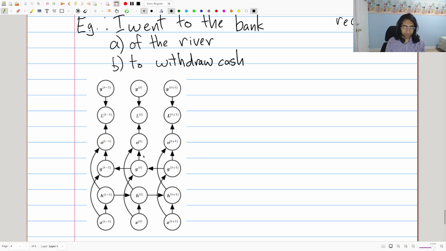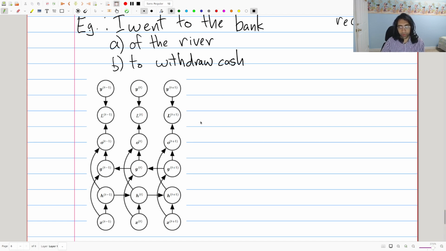And you can see how now when you're doing the prediction at time t, you have both things from the past as well as things from the future. So somehow it depends on all inputs at once, which can be handy for certain tasks, such as this type of problem here.